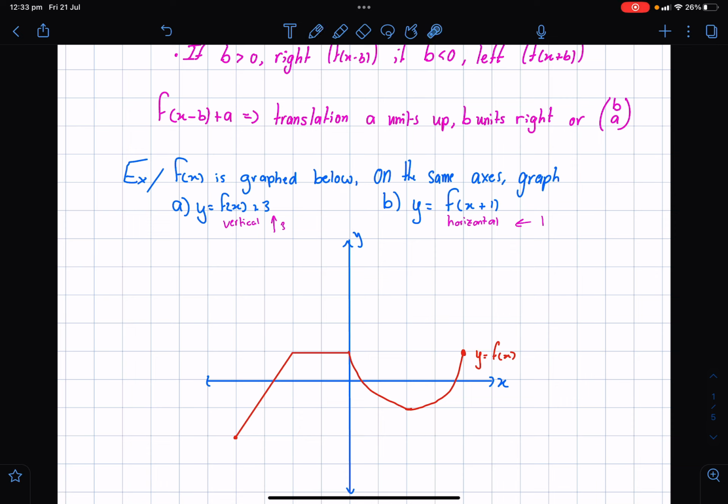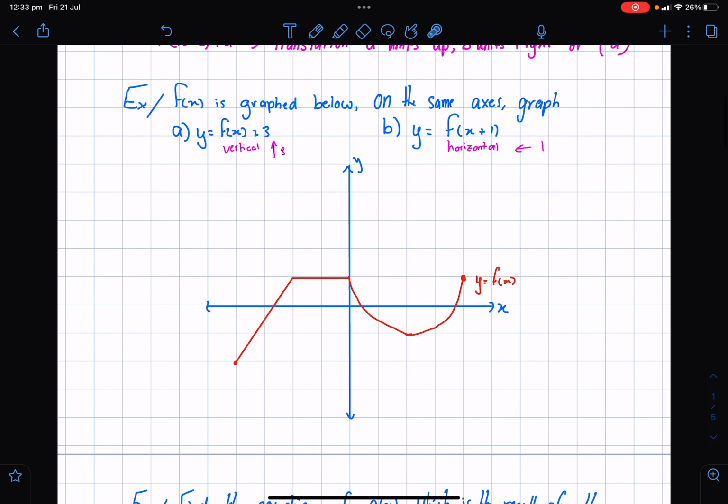Now, if I'm moving up vertically 3 units, that means every single point has moved up 3 units. So we're going to assume that these are 1 grid unit apart, okay? And same with the x. So this point here, for example, will move 1, 2, 3 units up. So it's now there. Same with this point here.